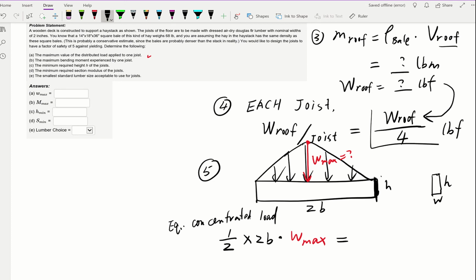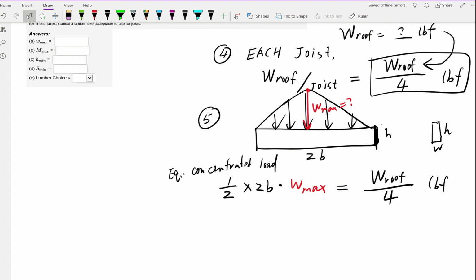And we already figured out, it's right here. The entire weight on this one joist is the entire roof weight distributed by 4 joists. So that's from step 4. So we know that. Then from here, we can go ahead and solve our maximum distributed load.